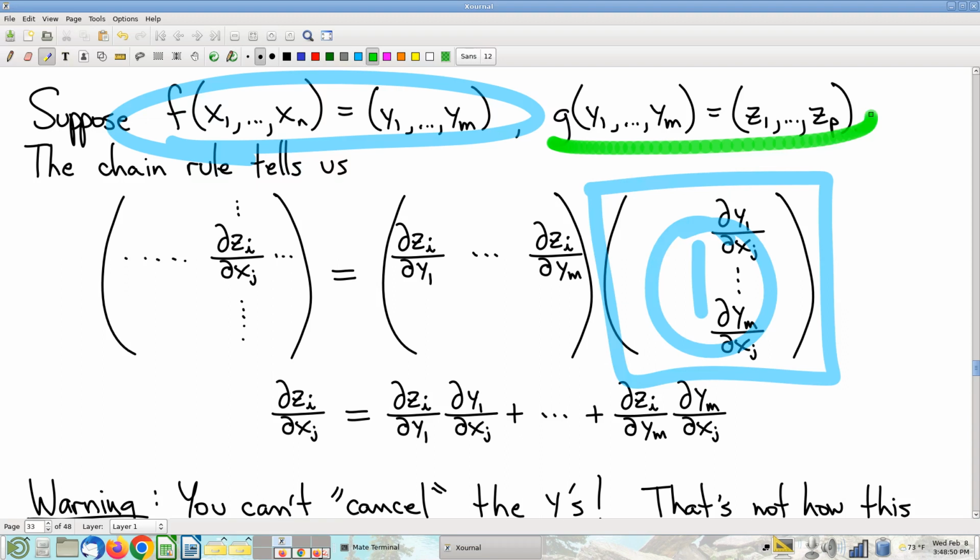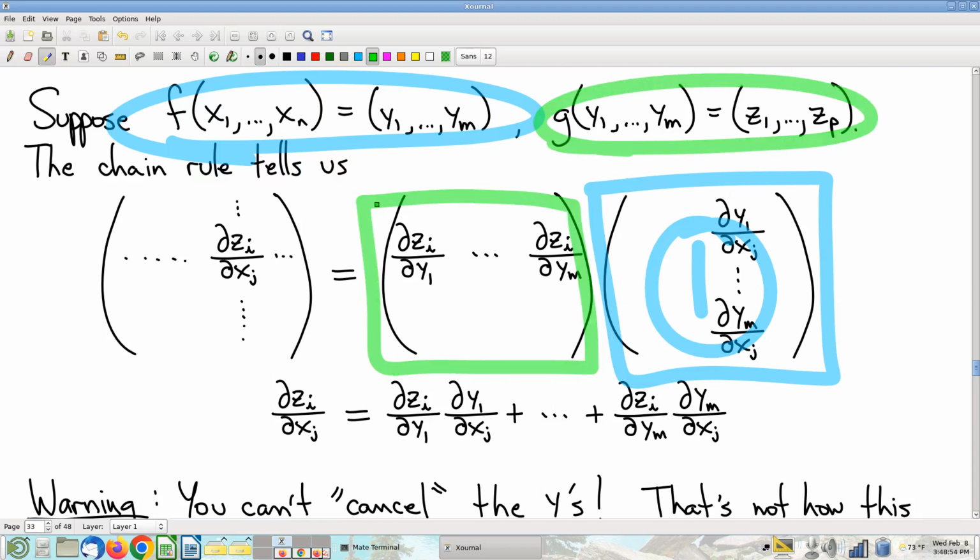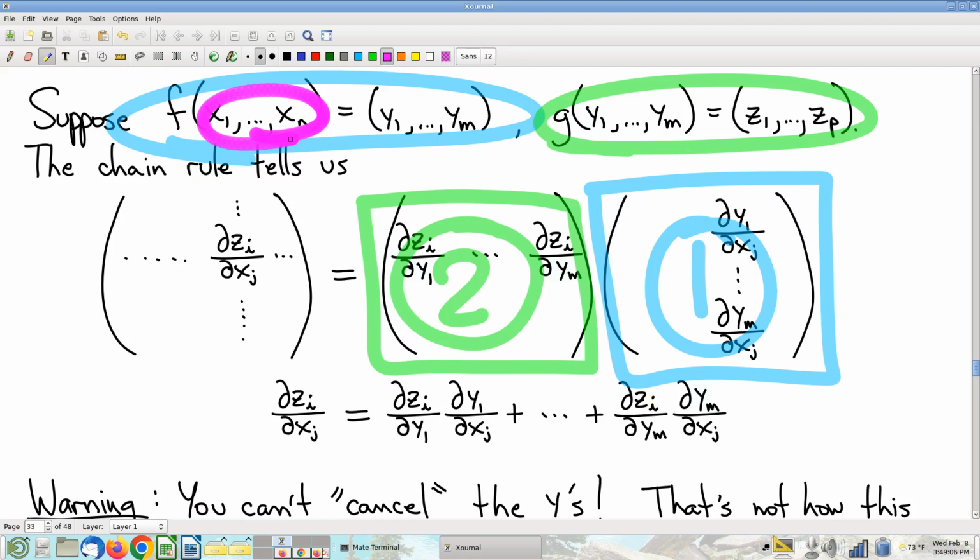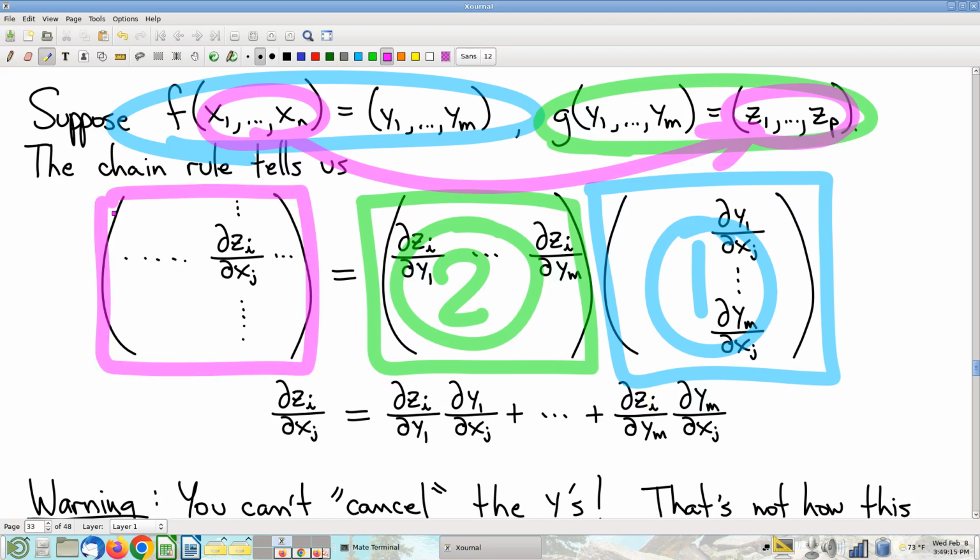The second function gives the z's as functions of the y's. So here's the derivative matrix for my second function. Again, the colors do a little switcheroo, so be careful. And then the composition gives me, for every collection of x's, a collection of z's, and here's the derivative matrix of that composition. So this is just the chain rule.